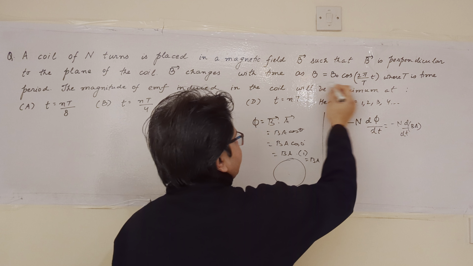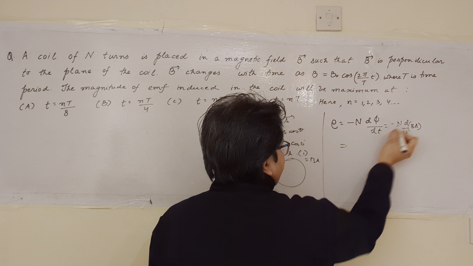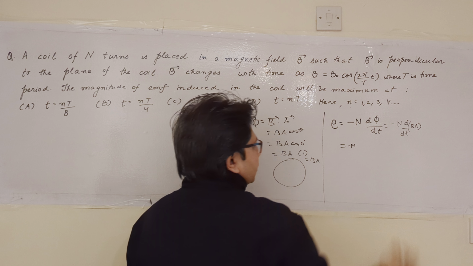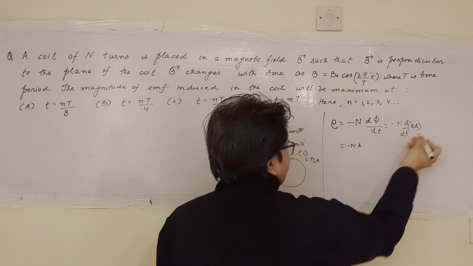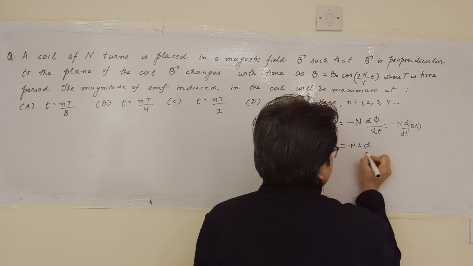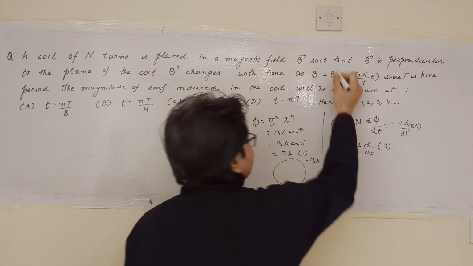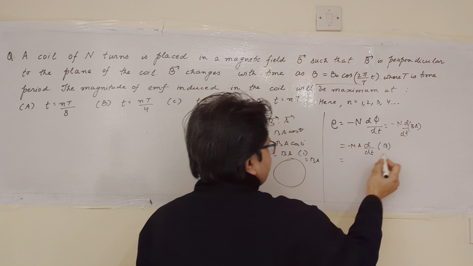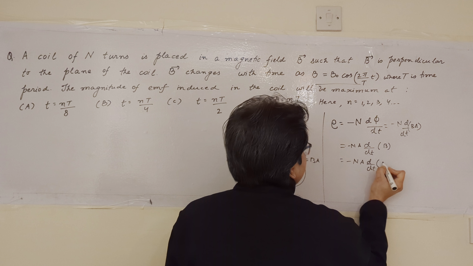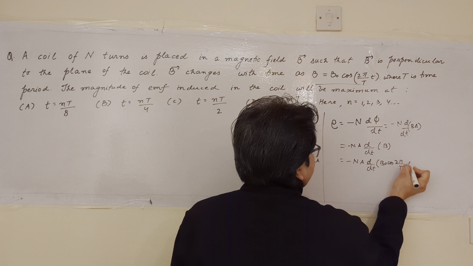Now the value of magnetic field is given by this expression. We put this expression here. So n is a constant, and the area of the coil is also a constant, so we pull them out of the differentiation. Then d/dt of B, and we put the value of B from this expression: minus nA d/dt of B naught cos(2π/T · t).